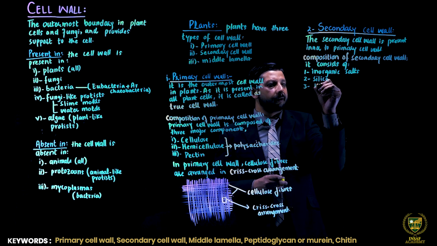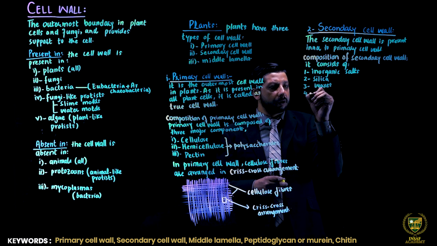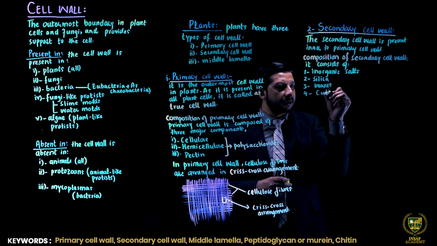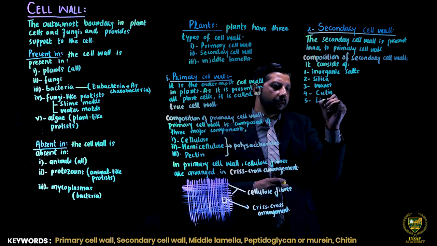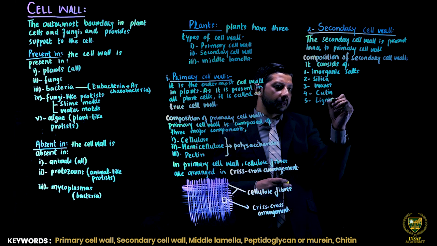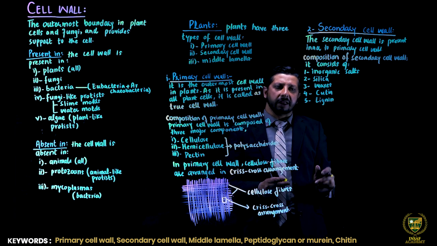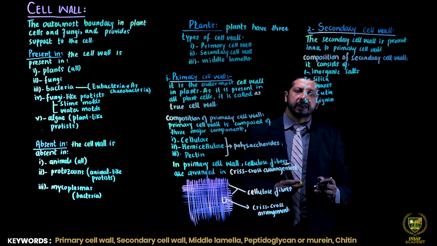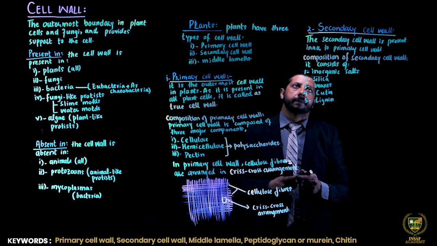Number 3, waxes. Number 4, cutin. And number 5 is the lignin. The most hardest material among the plants, that is the lignin. इसकी वजह से secondary cell wall, it is really rigid and thick.